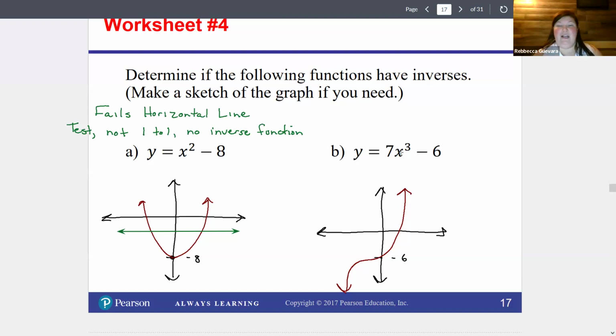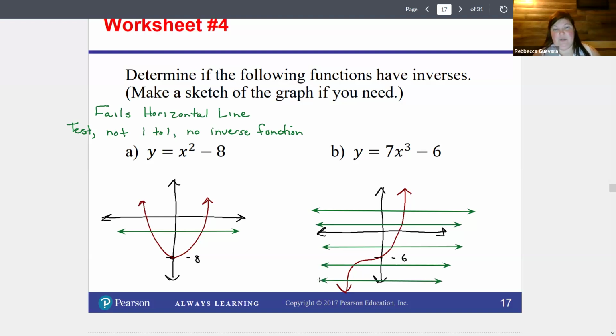So B is basically a cubic that's also shifted down and it's kind of squished in as well. It's basic shape looks like this. We see this one. I can keep drawing lines, but I'm only going to cross one time. So we're going to pass the horizontal line test.